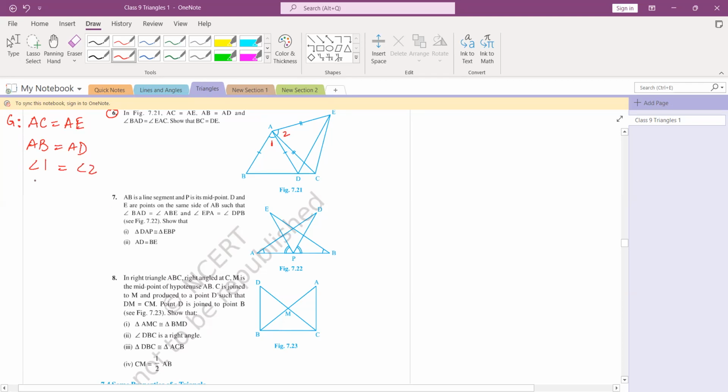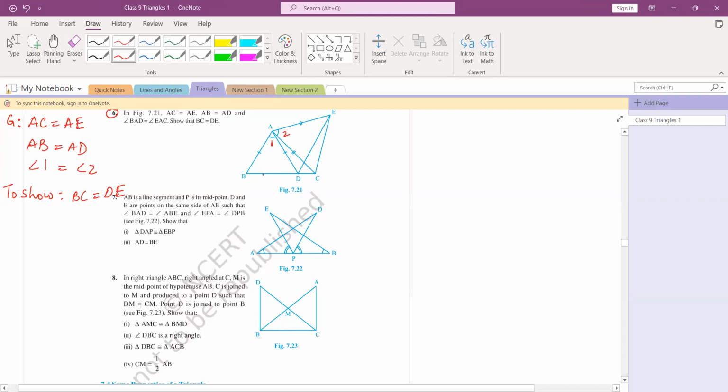Now what do you have to show? You have to show BC is equal to DE. Okay, let's do it here. Now look at the figure very carefully. Miraj, this is the rough thing I am doing.